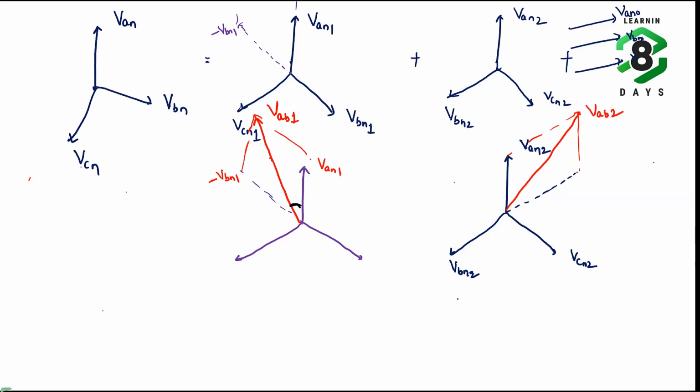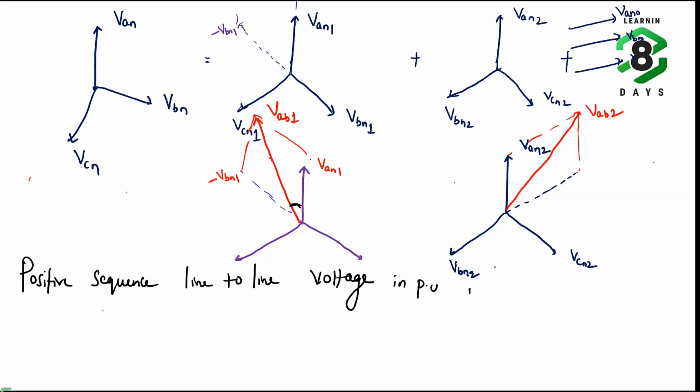Okay, when you deal with the actual values, here in this question he is calling the positive sequence line to line voltage in per unit X at an angle theta 1, so many per unit.